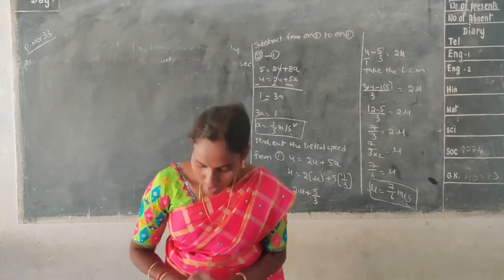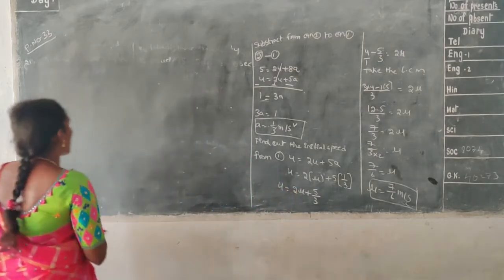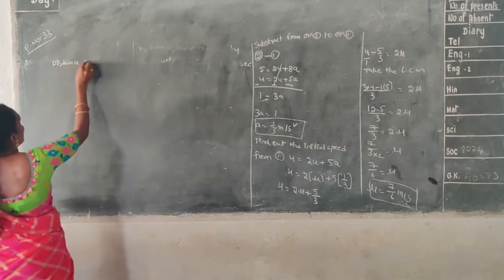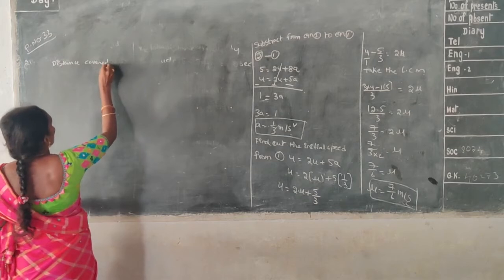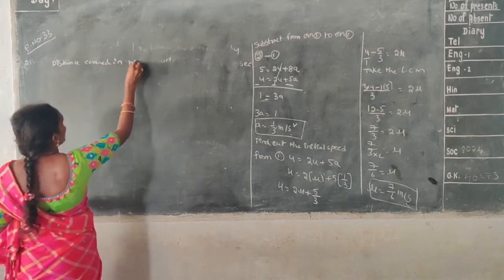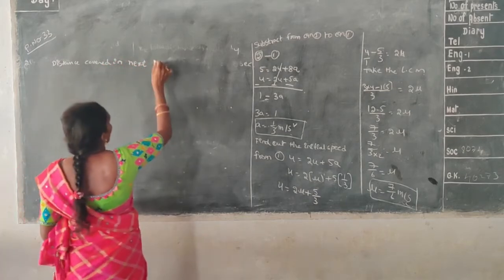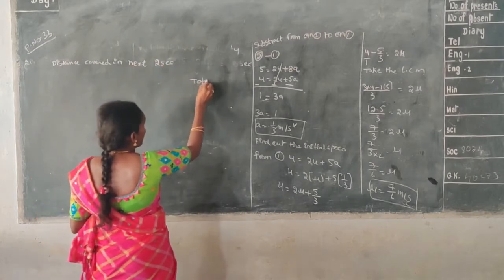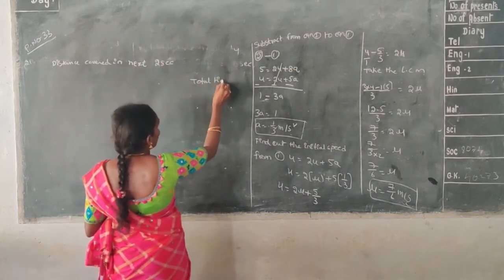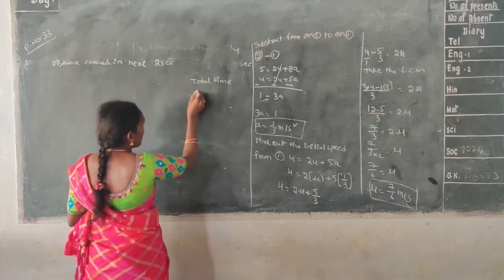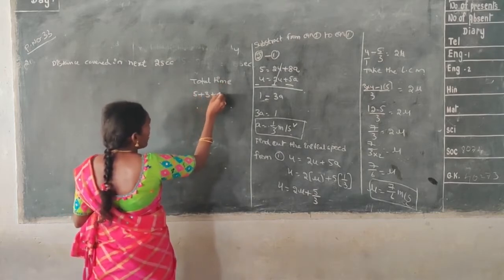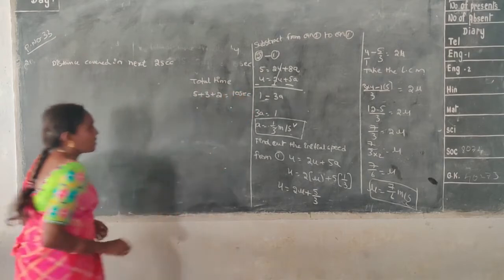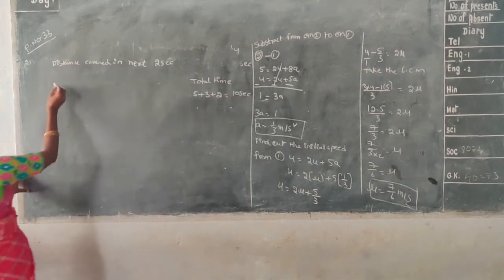The third value is the distance covered in the next 2 seconds. Here total time is the first 5 seconds plus 3 seconds plus 2 seconds. Total time is 10 seconds.